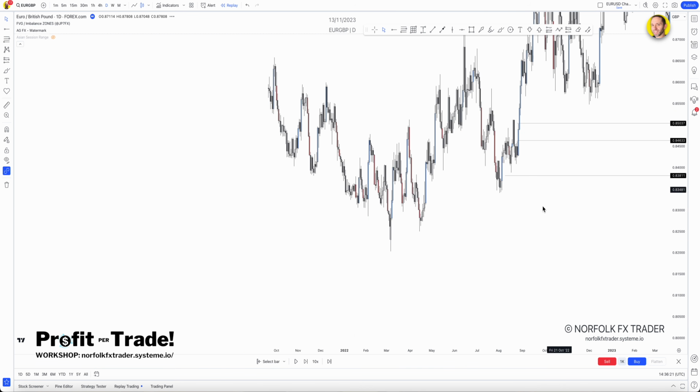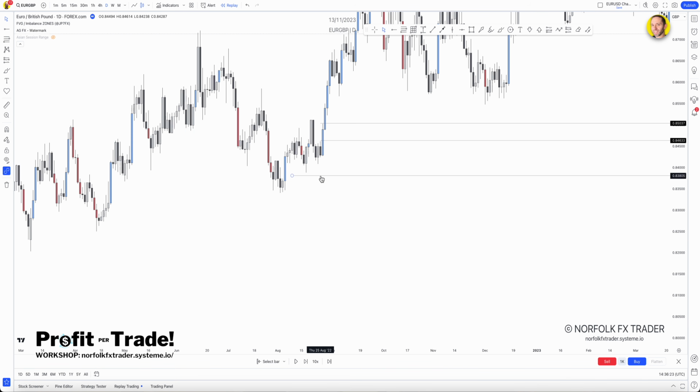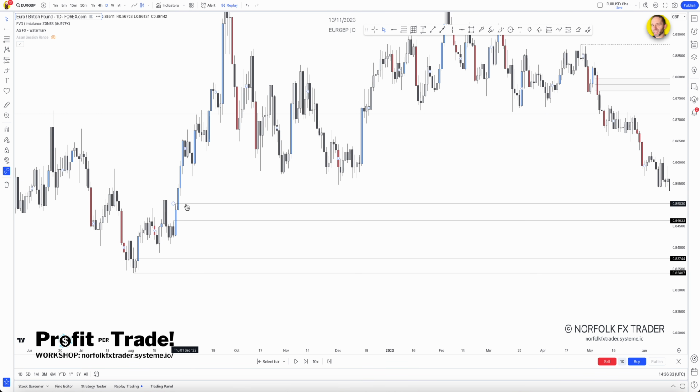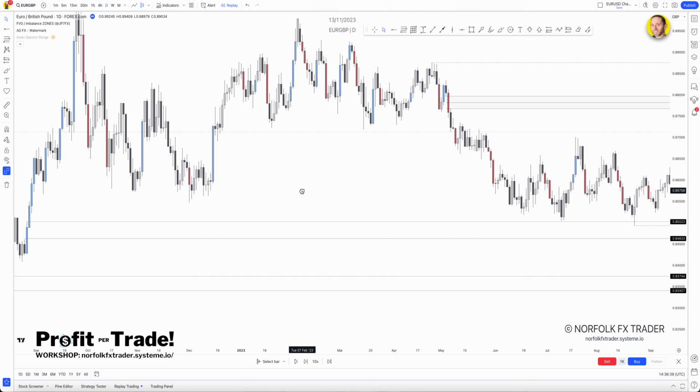And if we just go into this area, okay, so I'm marking this out as a level. Then we have a swing low in the market, and then again another swing low, another swing low. But these are the areas I'm more concerned about. This will become very clear later on as we go through this video.